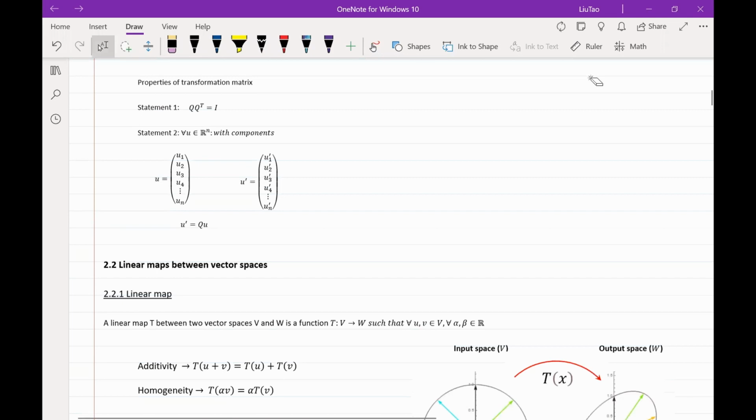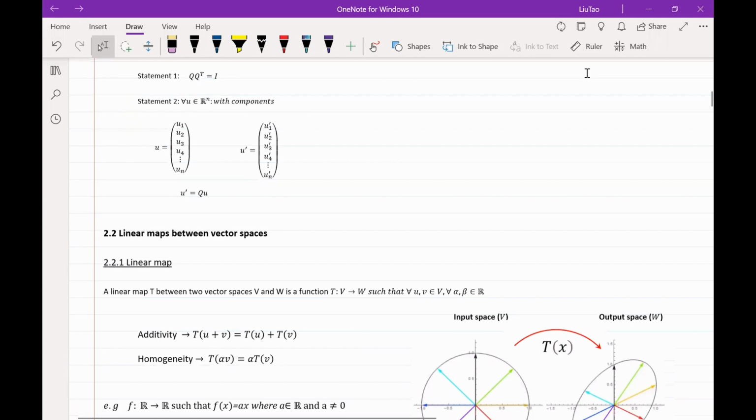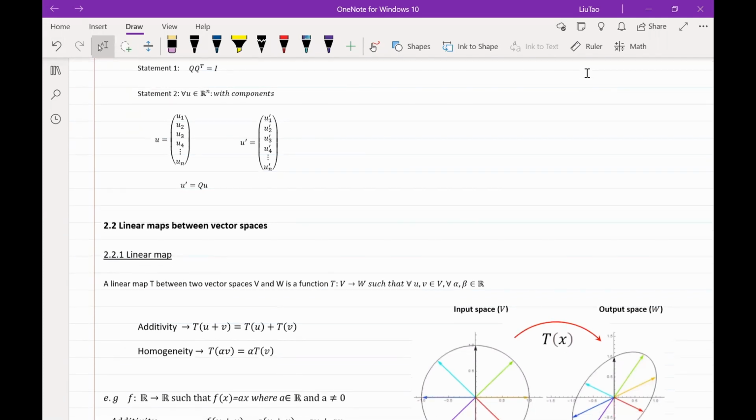The second statement is that for any vector in R^n space, if we have its components U1, U2, all the way to Un in the first basis set, and U1 prime, U2 prime, U3 prime, all the way to Un prime in the second basis set, then U prime is equal to QU. Any questions?